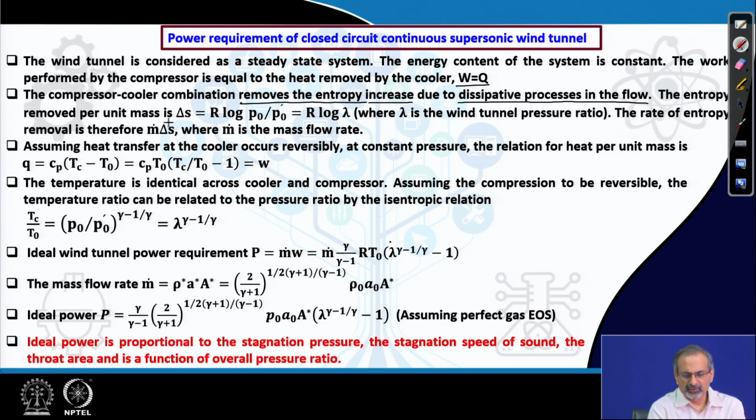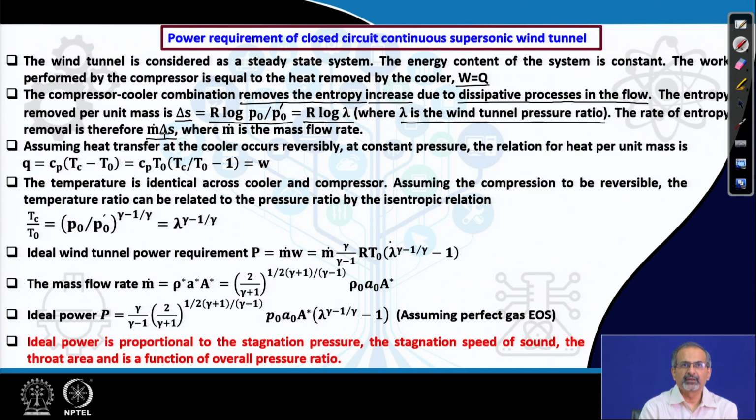The entropy removal per unit mass can be given by the relation R log P naught by P naught dash, which is nothing but R log lambda, where lambda is the wind tunnel pressure ratio, the ratio P naught by P naught dash. When you consider the mass flow rate, you get m dot times delta S, which is the total entropy removal that has to be taken care of.